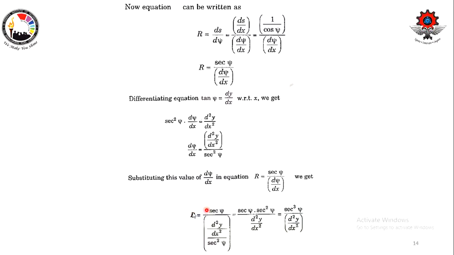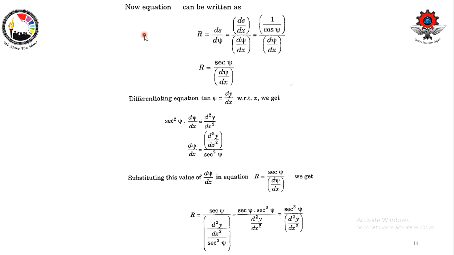So proceeding with the derivation, taking the reciprocal on both the sides. This ultimate equation is r is equal to secant cube psi by d square y by dx square. We are going to take the reciprocal for both the sides.